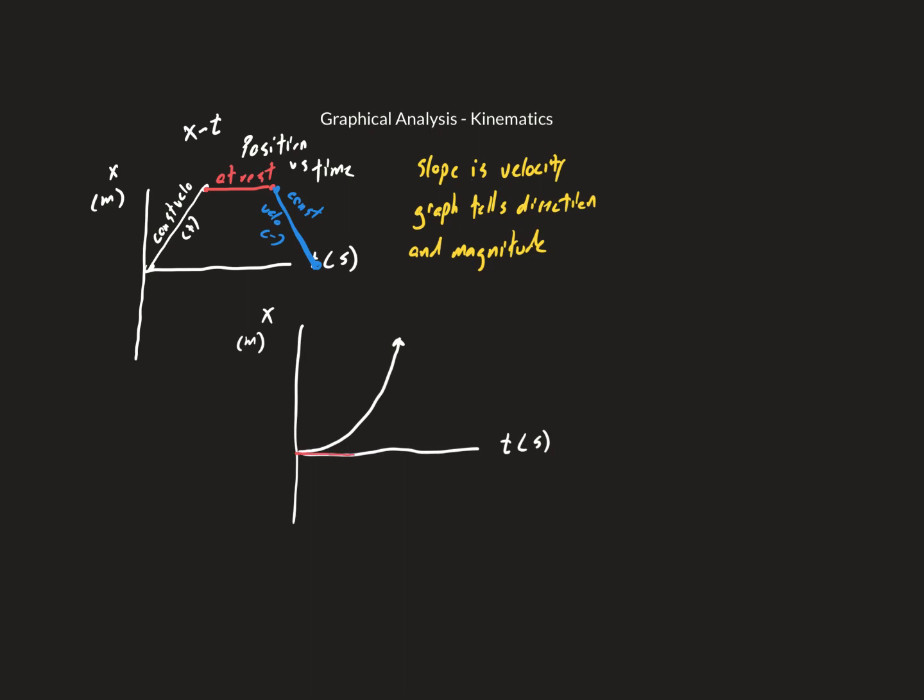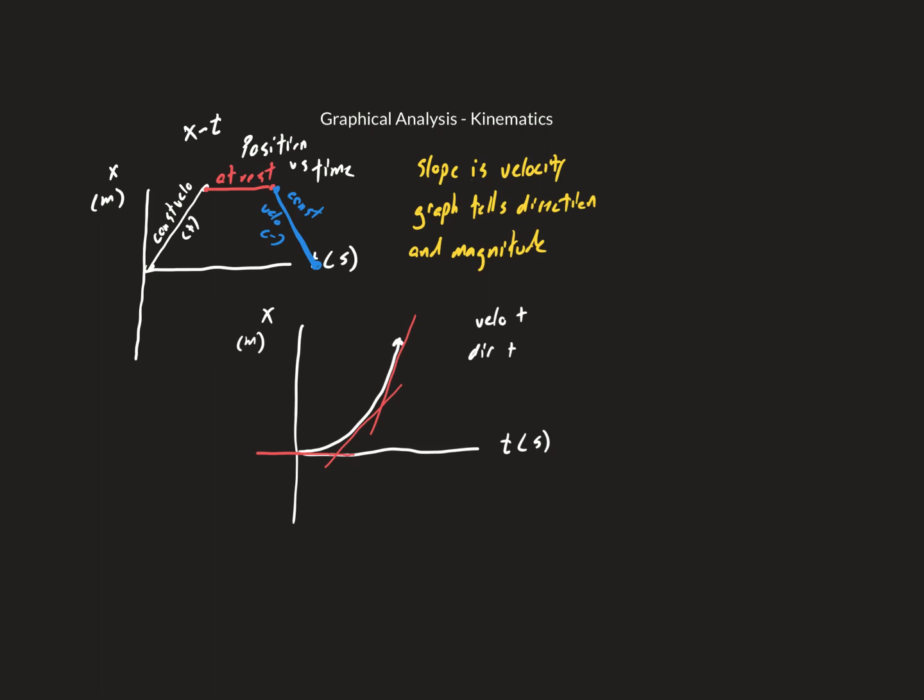So I'm going to have this guy right here, and this guy right here. Notice that the slope is changing, which means it's actually getting faster. So this would be an example where the velocity is positive and the direction is positive, which means the acceleration would be positive. It's getting faster in the positive direction.